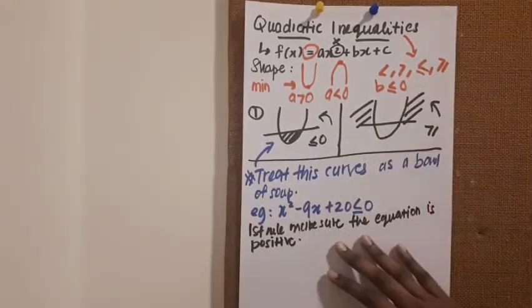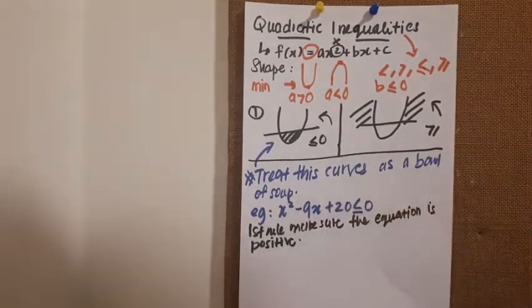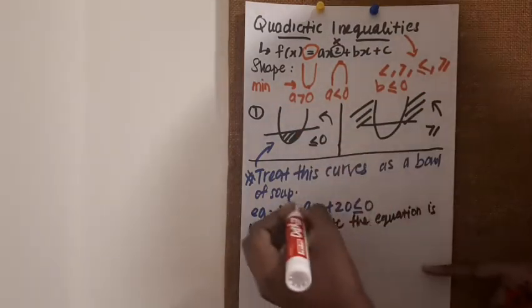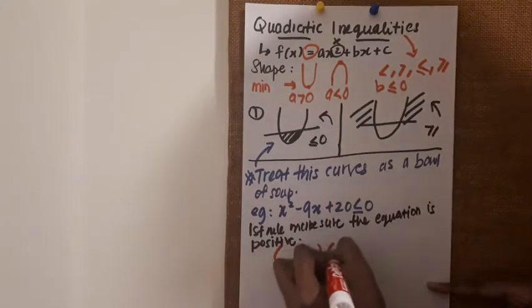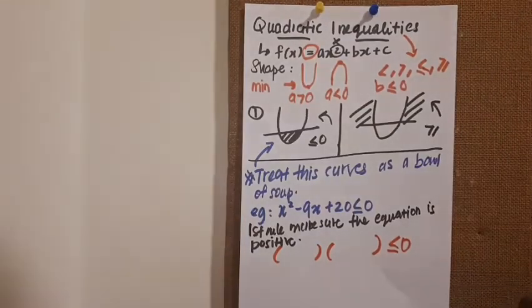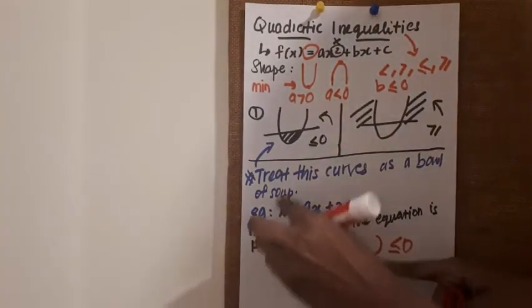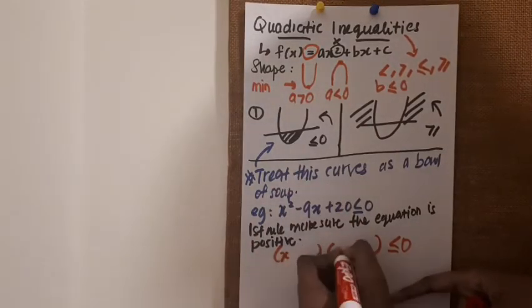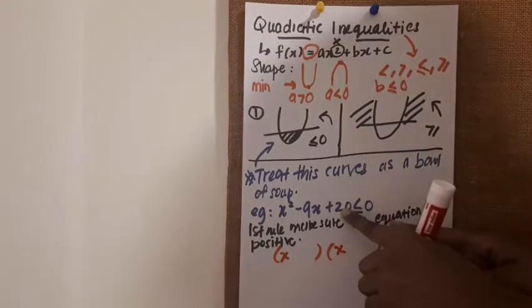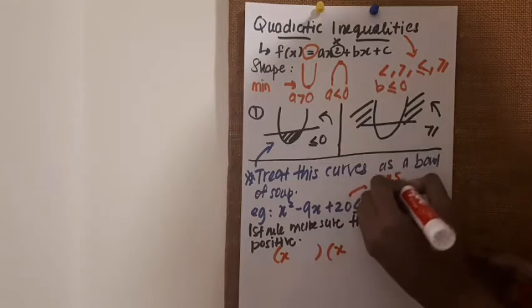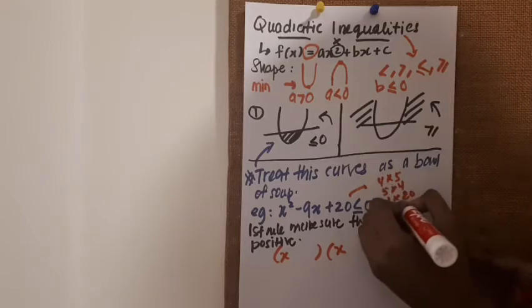I will be only solving it and focusing on this part of the process. So when we factorize this, factorization means you're breaking this equation into two halves, and we know that we don't have any number in front, so you can simply put x here, and we know that this can be 4 times 5, 5 times 4, or 1 times 20, or 2 times 10.